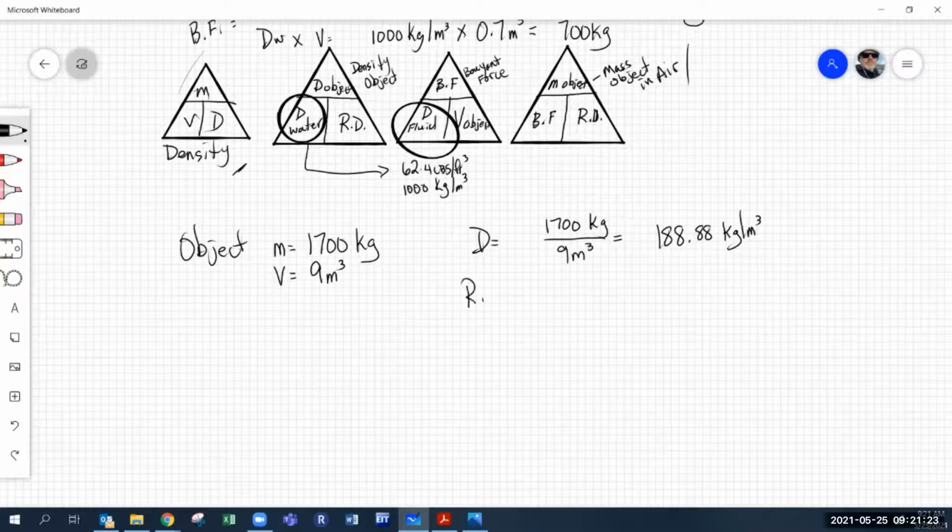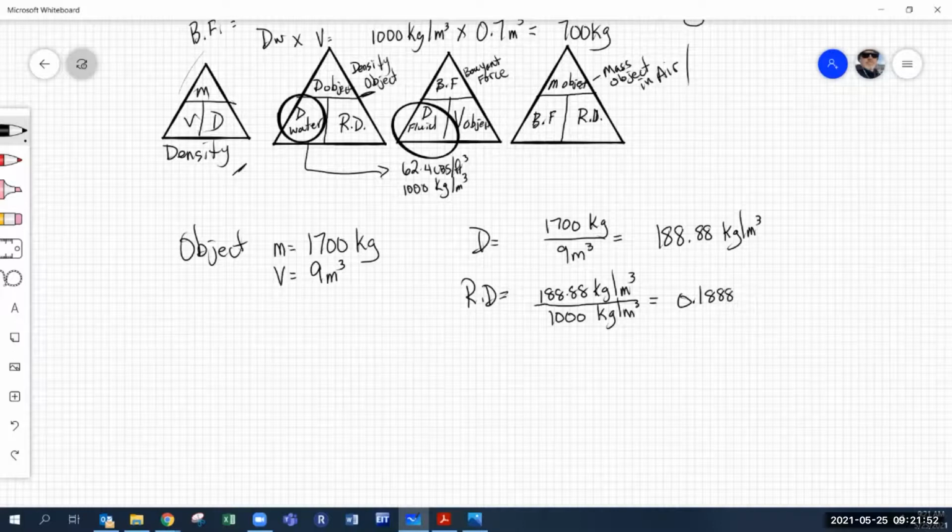The relative density of this object is right up here. Take the density of the object, 188.88 kilograms per cubic meter, and divide that by the density of water. And now the relative density of this is 0.1888 times heavier than water.